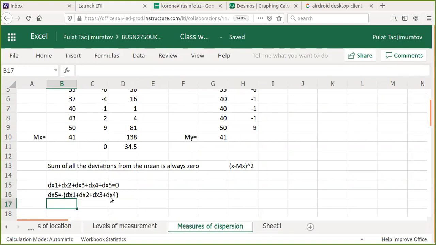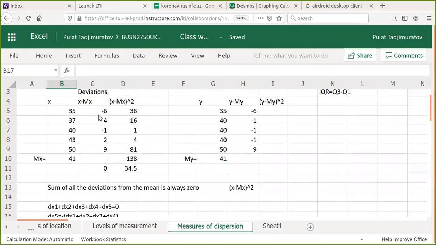If you choose the first 4 in any way you want, then your 5th one should be this. You can't change the 5th one freely. So you can only freely, independently change 4 of them, not 5, because the sum of deviations should be 0. And that's why here we divide by 4, not by 5. If we had 20 numbers here, then we would divide by 19.